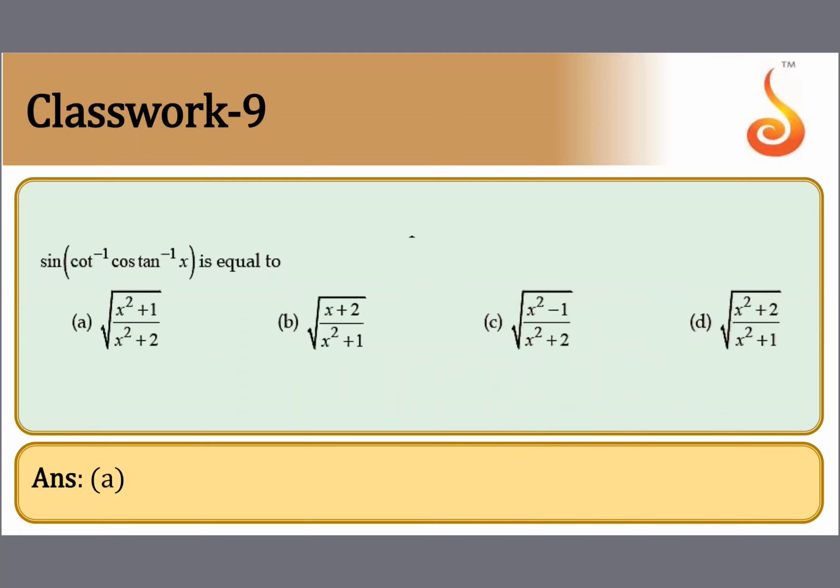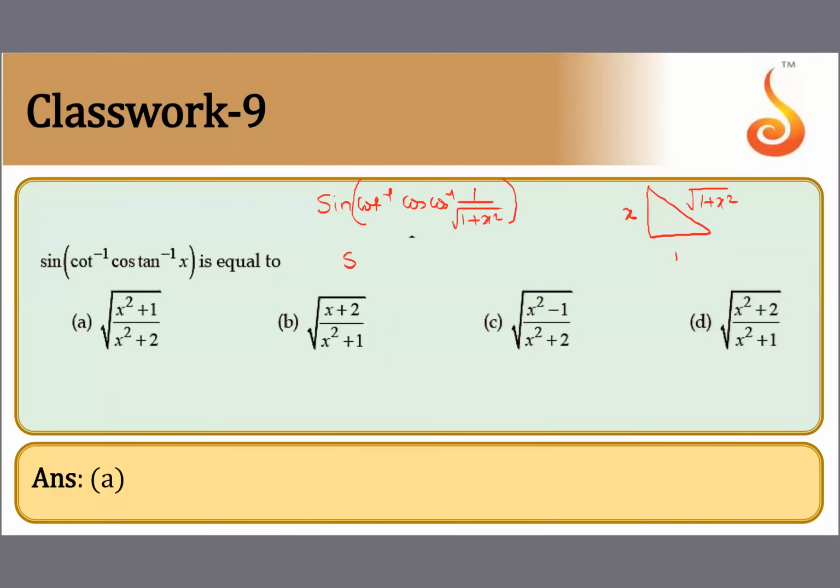It's a simple question. This came in JEE Mains also. Tan inverse, this is x, this is 1, under root of 1 plus x square. So we'll get this one as sine of cot inverse, cos inverse 1 by root 1 plus x square.